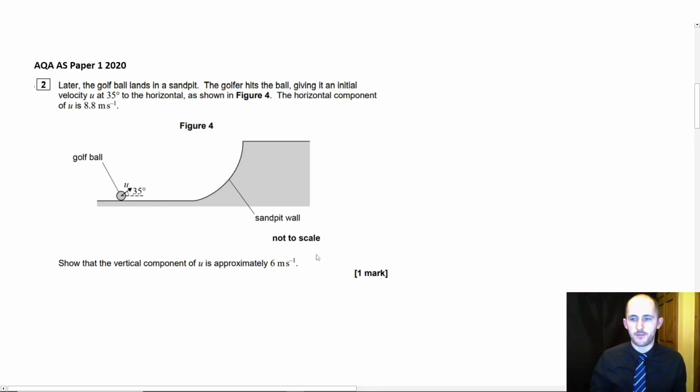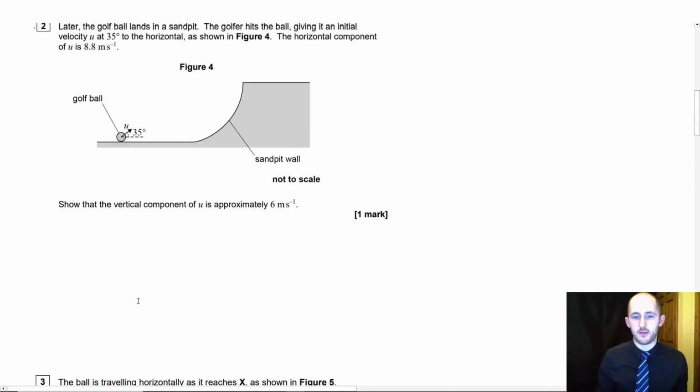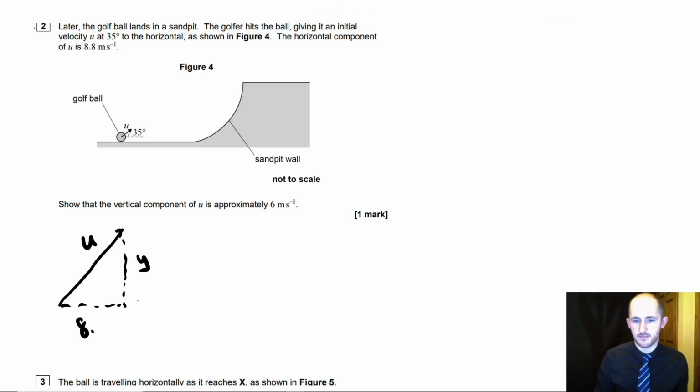Okay. Now for the first part, it just says show that the vertical component of u is approximately 6 meters per second, and it tells me the horizontal component is 8.8. So if I were to draw this out, right? I'm trying to find this, which I'm going to call y, and they've given me x is 8.8, and we know that this is 35 degrees. Okay, so all I'm trying to work out is y, so we can use tan, for example, could be a good one.